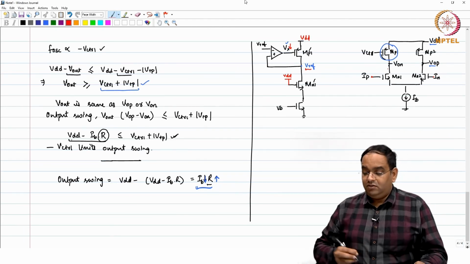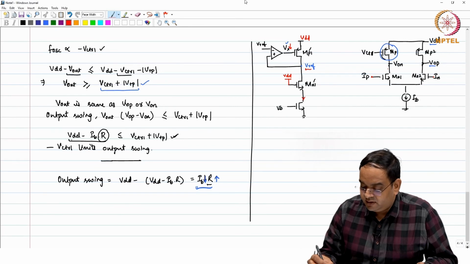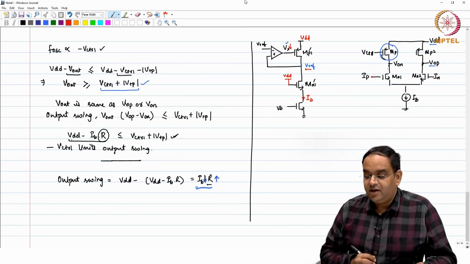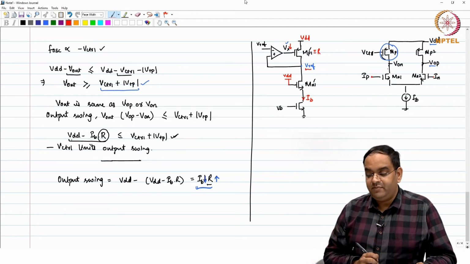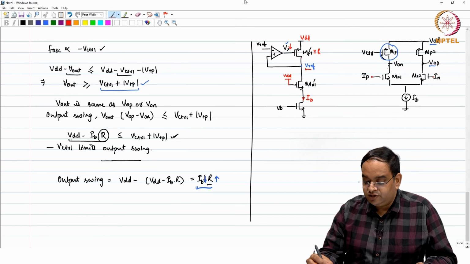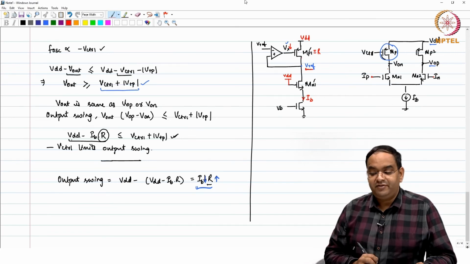Now, if there is a current IB here, I will get the equivalent resistance value for this transistor MP such that this voltage remains Vref.